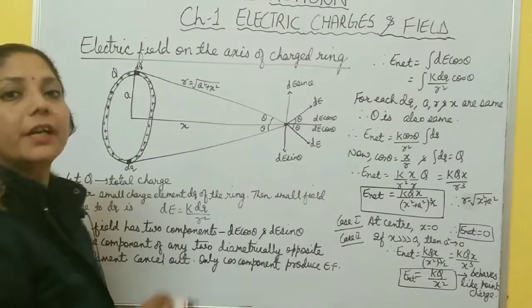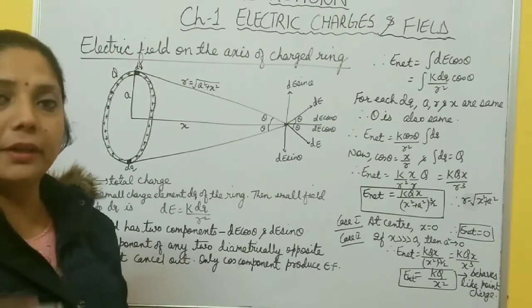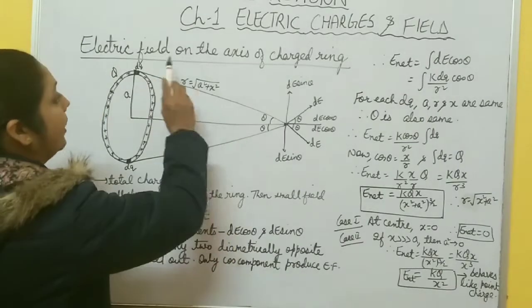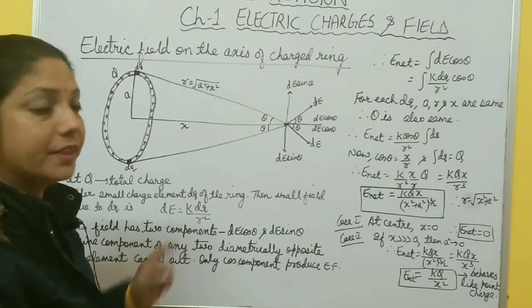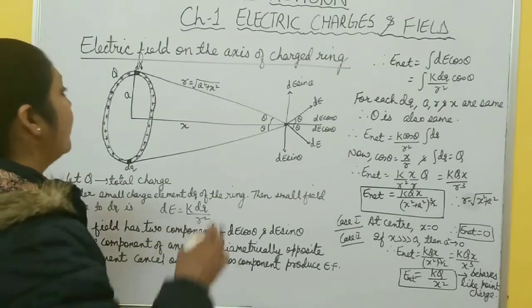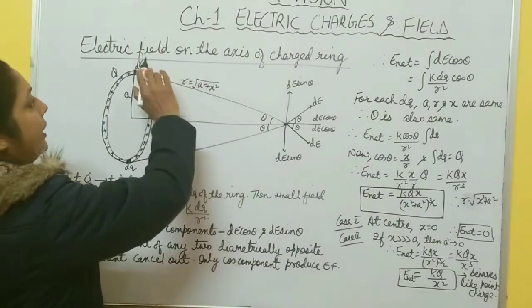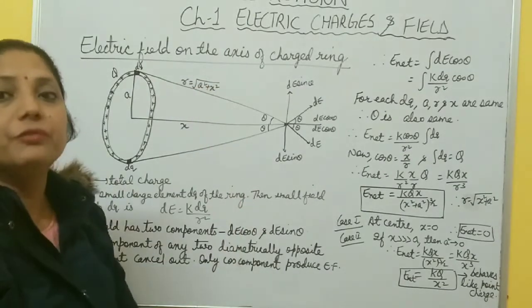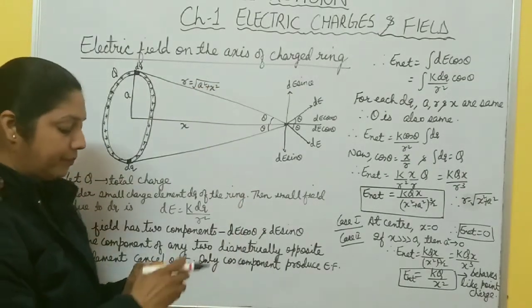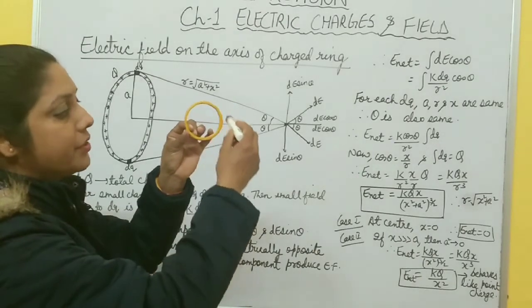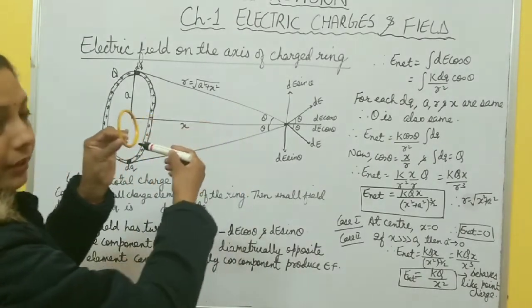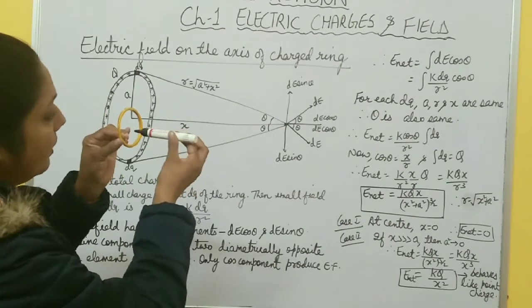Okay. After this, we will start electric dipole, right? Now, before starting electric dipole, there is an important topic which is left, that is electric field on the axis of a charged ring. It is very, very important. It generally comes in the exams. What is this? You have to find electric field on the axis of a charged ring. Suppose this is a ring and charge is uniformly distributed over this ring. Now you have to find electric field on the axis.